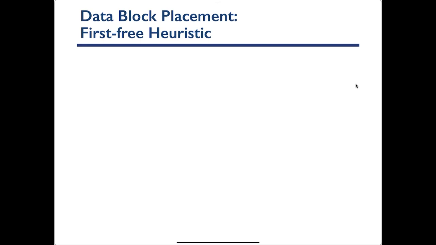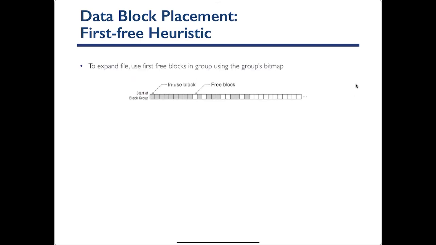Now, how do you find free blocks and use them? You could have a simple bitmap of all the blocks in your hard disk drive, and all the ones that are used, you mark as used, and all the ones that are not used, you mark as free.